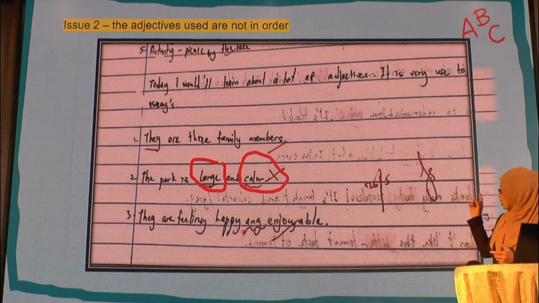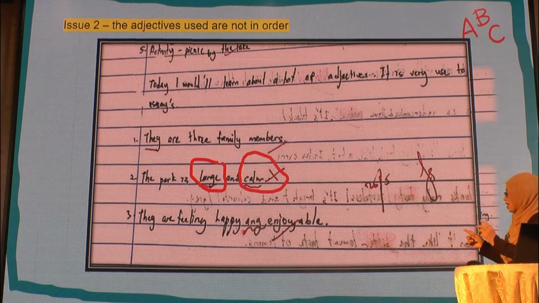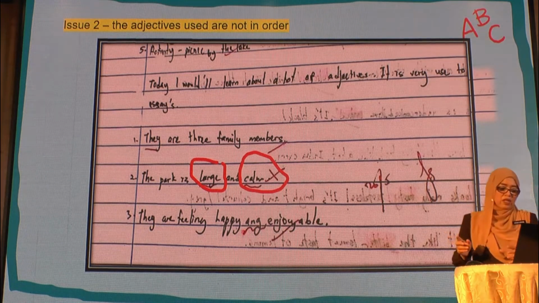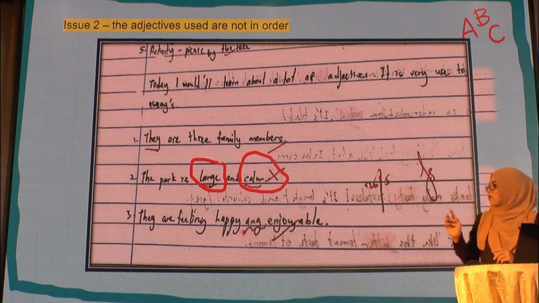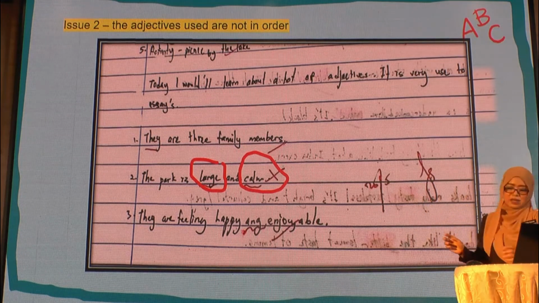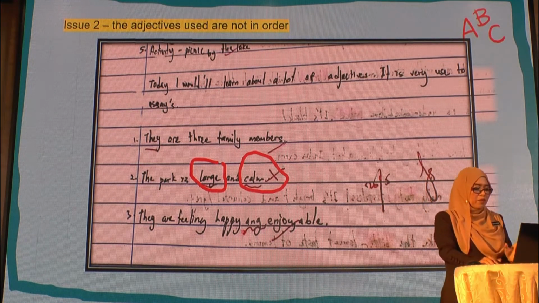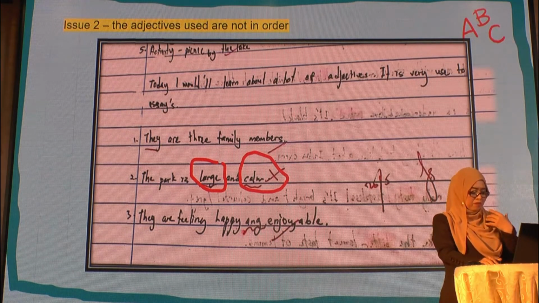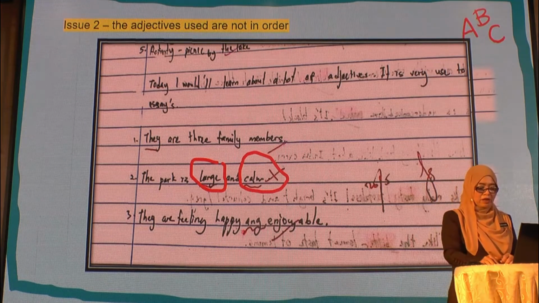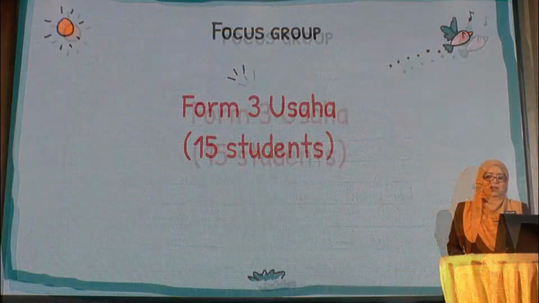For example, the word large should be after the word calm, and not like what my student did, where they wrote the park is large and calm. So from these issues, I have come up with the idea of having the board for them to write the correct adjectives in the correct order.